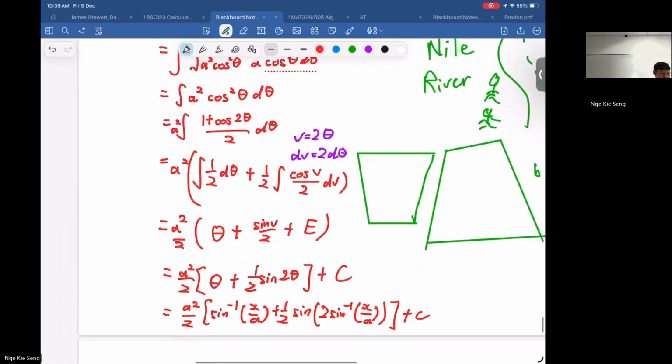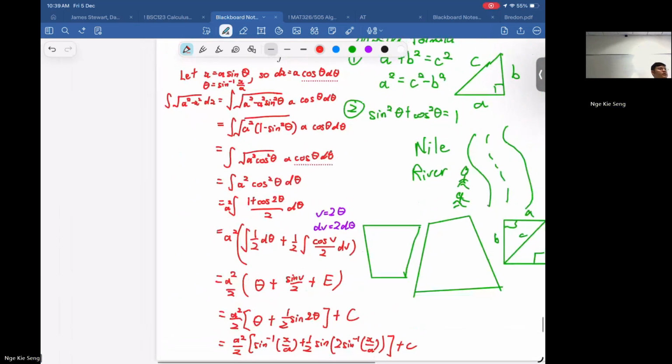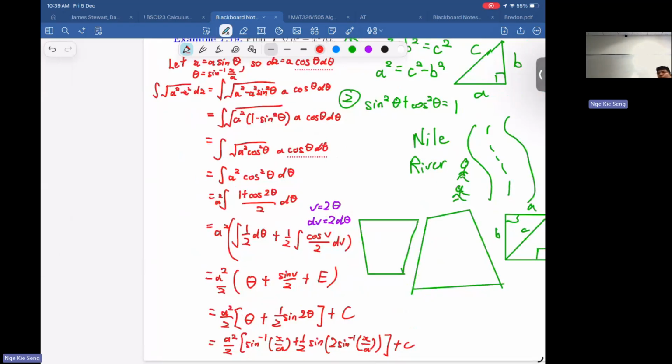Any questions so far? We have combined the use of the trig substitution and the trig identity.